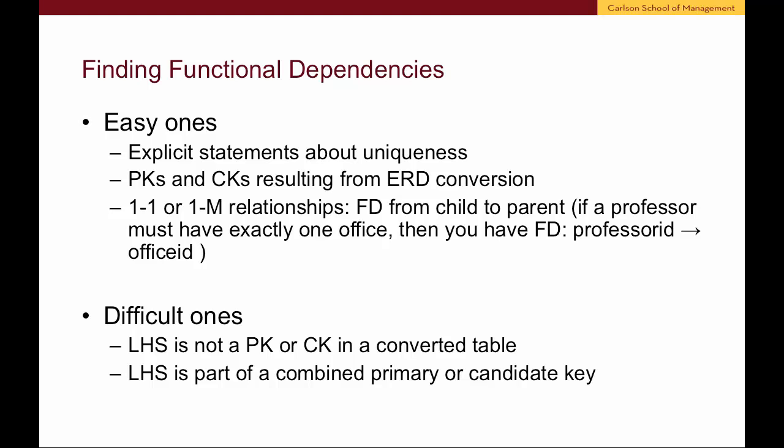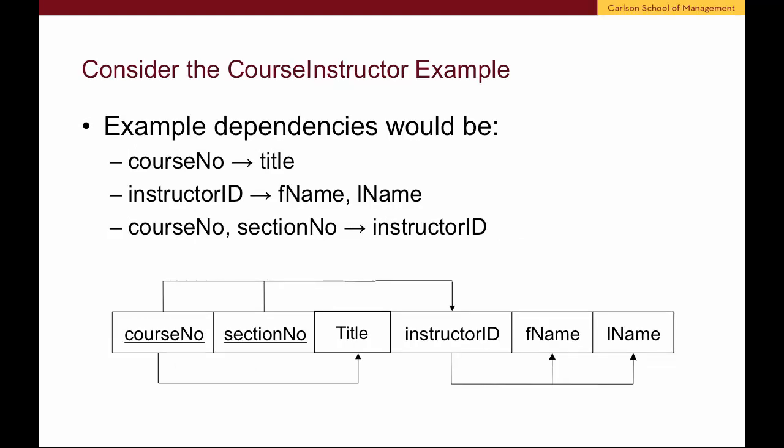And so the notation that we use, and this is shared by your textbook, for illustrating functional dependencies, is to draw arrows along the columns of the particular relation. In this case, we have our course instructor table, and the course number and section number form a composite primary key.